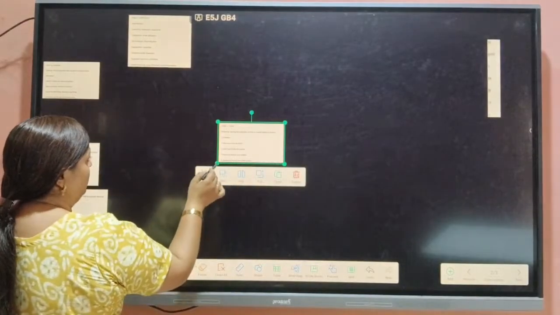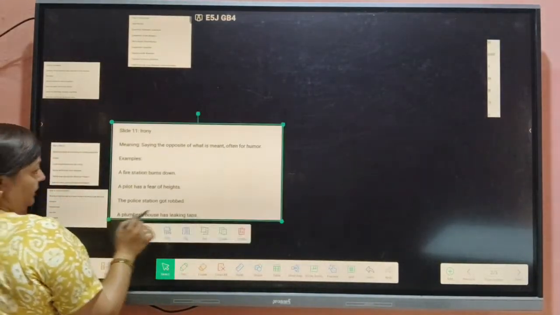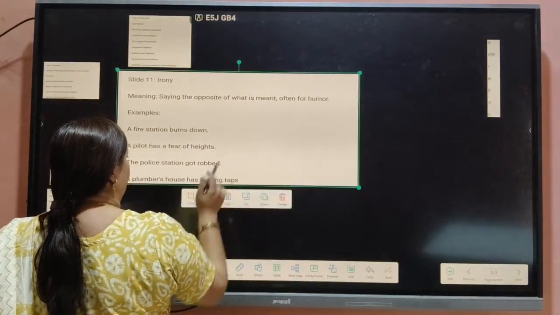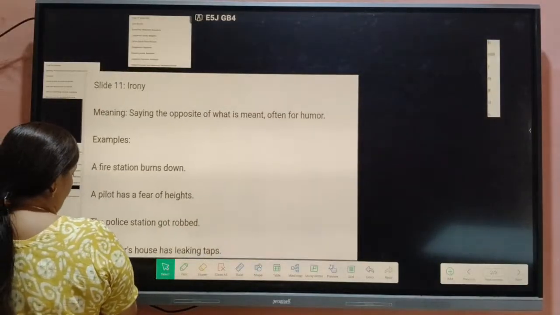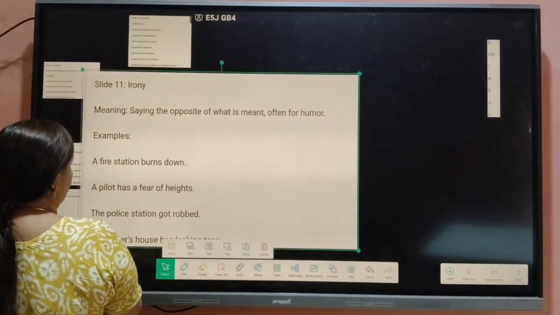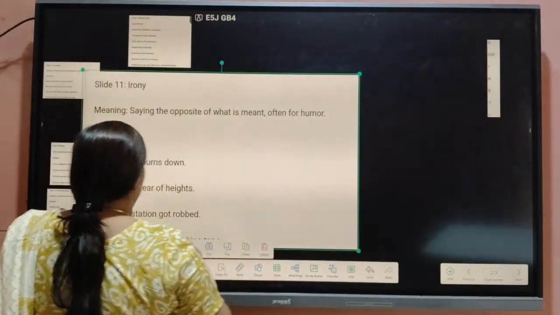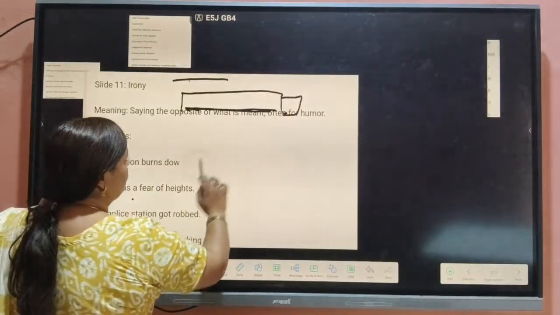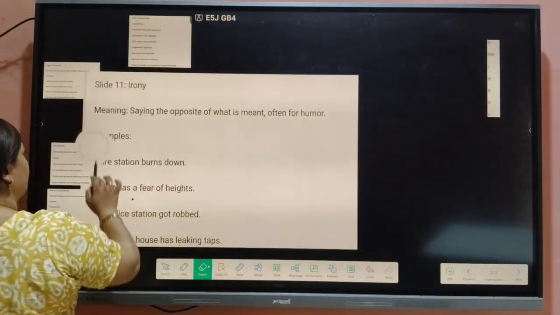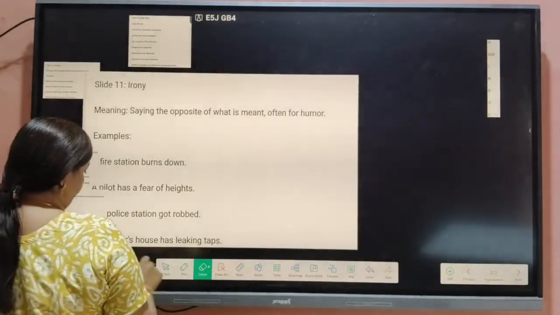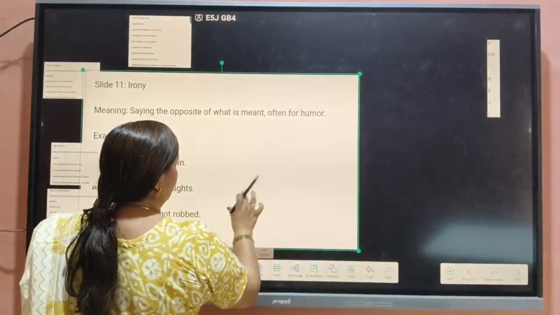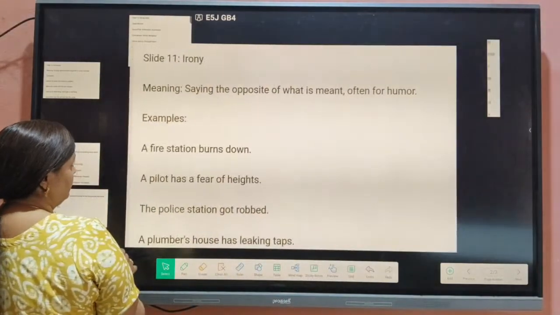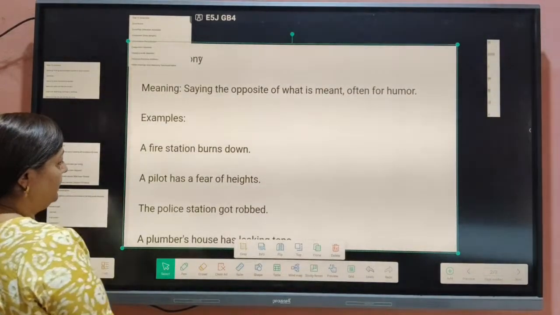Now we will learn about irony. In irony, what will be there?